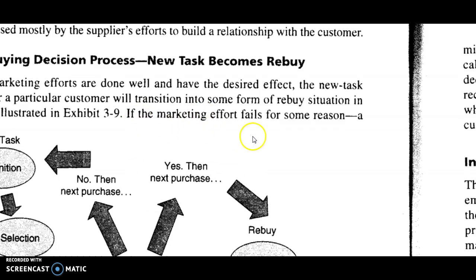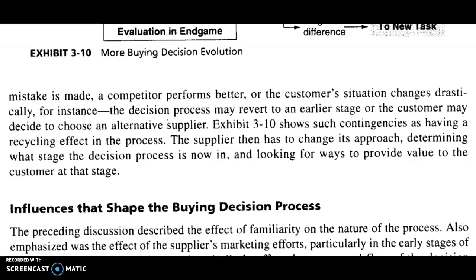If the marketing effort fails for some reason, a mistake is made, a competitor performs better, or the customer's situation changes drastically, for instance, the decision process may revert to an early stage, or the customer may decide to choose an alternative supplier.